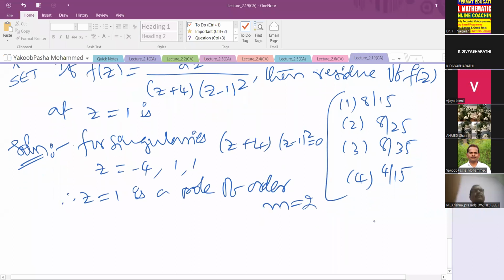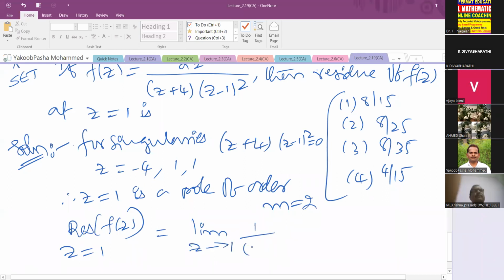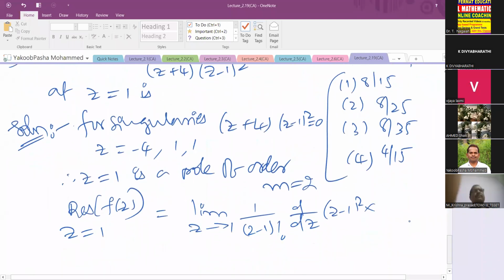So apply the previous formula. The residue of the function f of z at z is equal to 1 is equal to 1 by (2 minus 1) factorial, limit z tends to 1, d by dz of (z minus 1) whole square into f of z. f of z is 2z divided by (z plus 4) into (z minus 1) whole square.